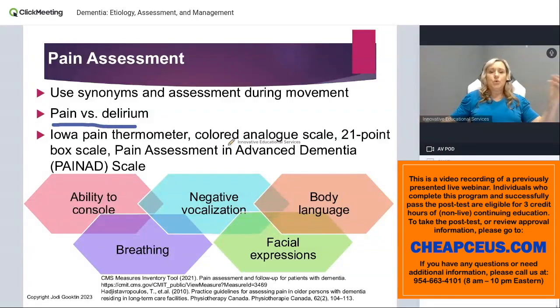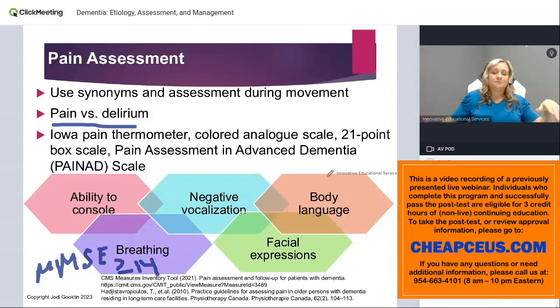If we look at when should we use what tool? Someone who has a mini mental state exam score of greater than or equal to 14, that individual should be able to give valid responses on the different thermometer tests as well as the box test.